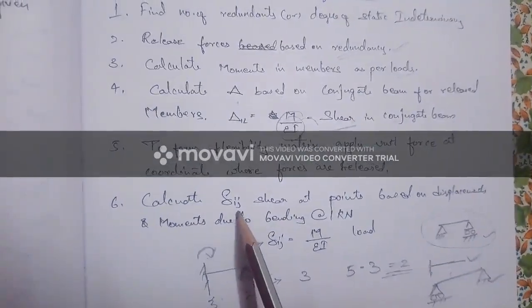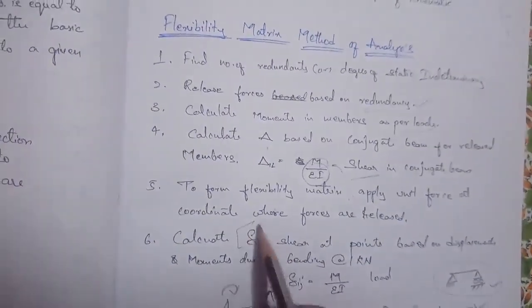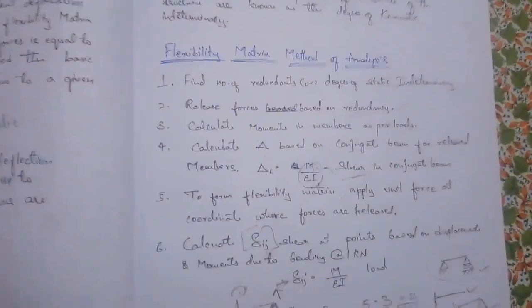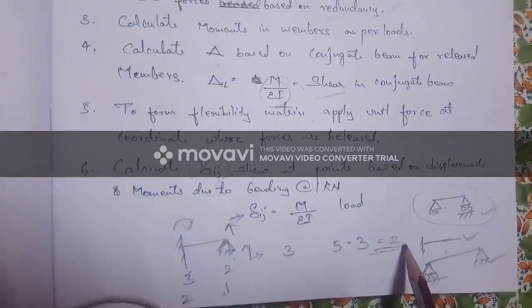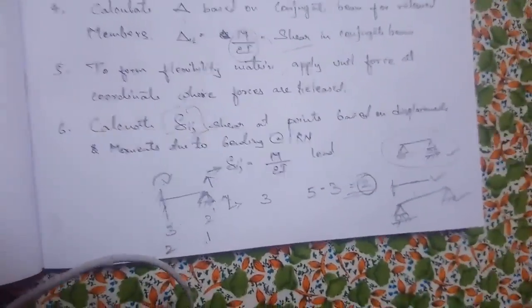After that, we will calculate the matrix, that is delta I J. So what is I, what is J? Normally when we release these forces, the indeterminacy, or degree of redundancy, is defined by the matrix.